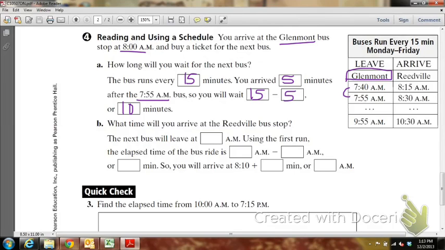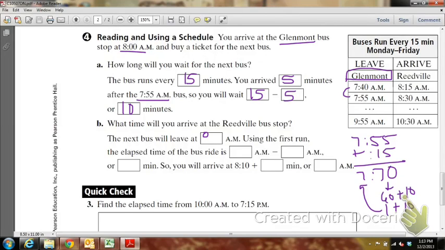Okay, well, the next bus will leave, they run every 15 minutes, so 7:55 plus 15 more minutes is going to give me 70 minutes, which will be, 70 minutes is 60 plus 10, so that's another hour. So put the 7 and the 1 together. So the next bus will leave at 8:10.